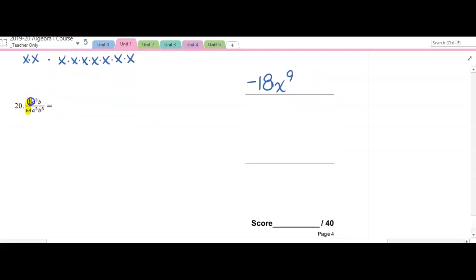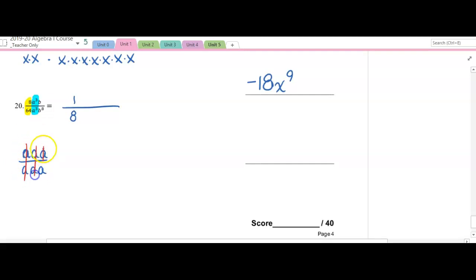Similar with division, we're going to divide the numbers first, or reduce the fraction, which gives me 1 over 8. And then I need to divide the a's. 3 a's on top and 3 a's on the bottom.